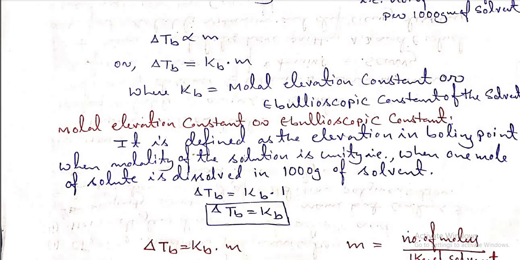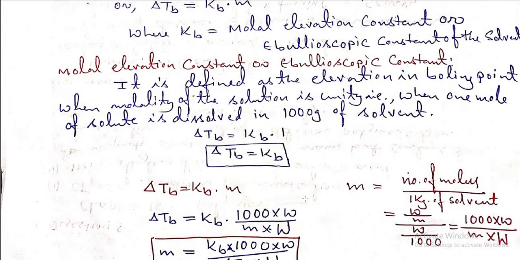So it is defined as the elevation in boiling point when the molality of the solution is unity. That means when you take the molality of the solution as 1, the ebullioscopic constant will be equal to the elevation in boiling point, or when 1 mole of solute is dissolved in 1000 gram of solvent, that is 1 molal.